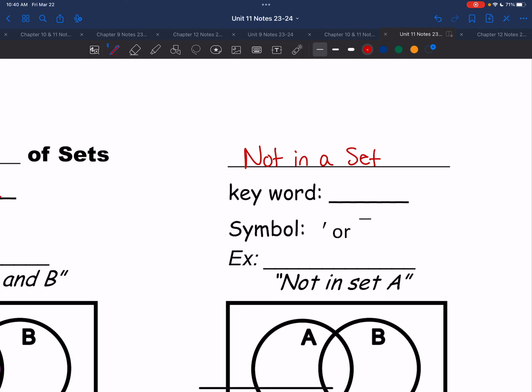This is also known as complement. All right, so the key words here, you might see not in set A or B, or you might see the word complement. These both mean the same thing.